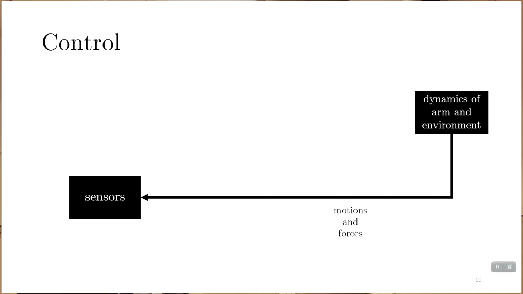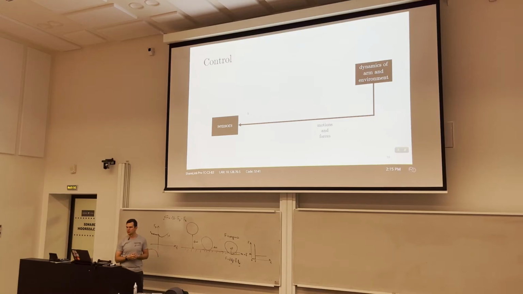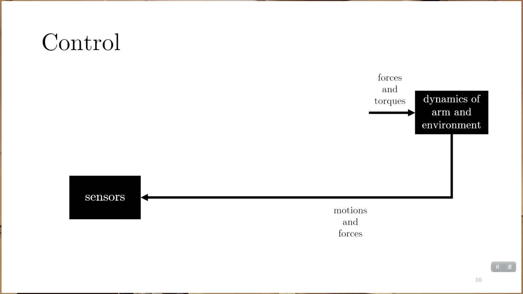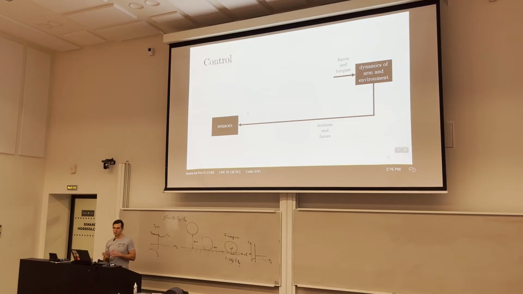If we just leave it like this, it will be just a pendulum, for example, a passive system, and the motion will be just chaotic, random, uncontrolled. But we want this motion to follow some predetermined trajectory, maybe, or predetermined behavior. And this is why we need to act on these dynamics. We need to apply forces and torques, such that the motion will make sense.